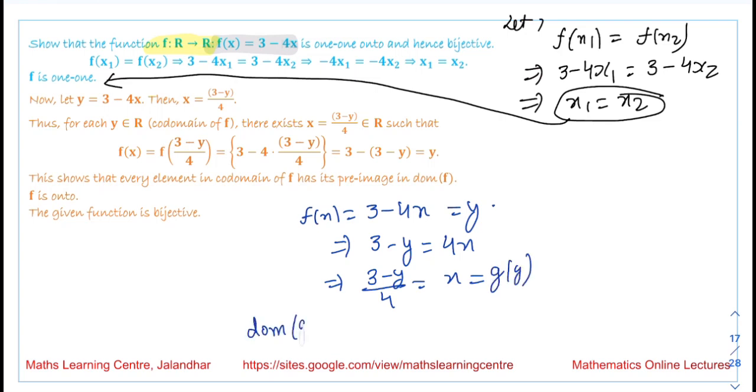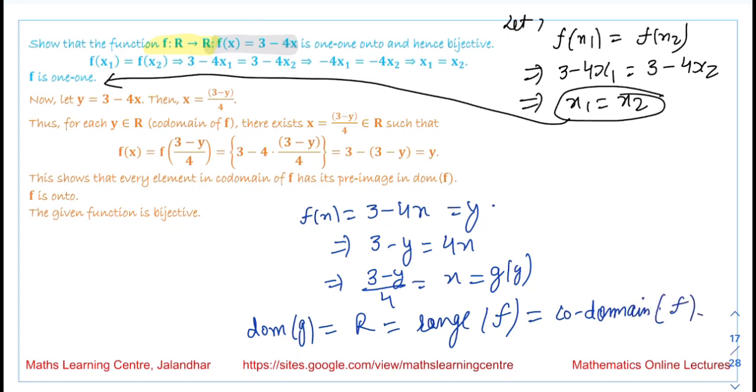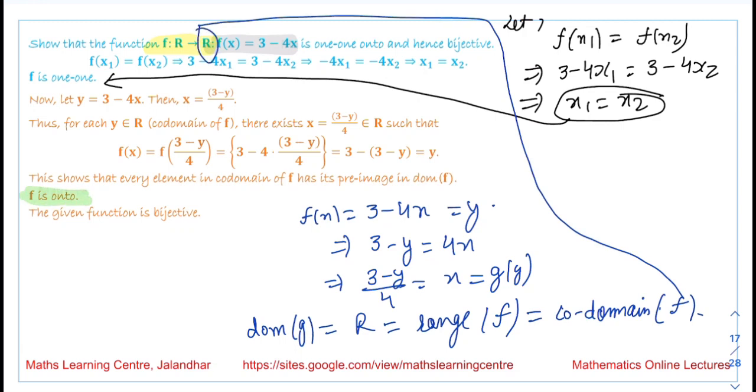Now the domain of the function g is equal to R, and that is equal to the range of the function f, and this is equal to the codomain of the function f. So we obtain that this function is an onto function, and a 1-1 onto function is called a bijective function. So we have proved that this function is a bijective function.